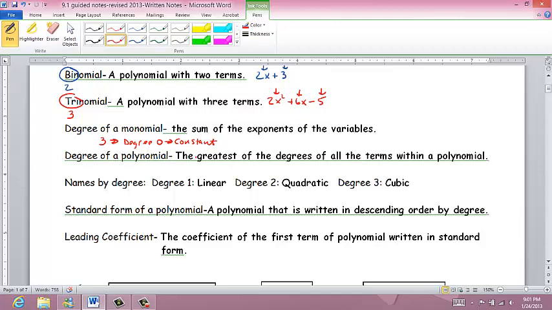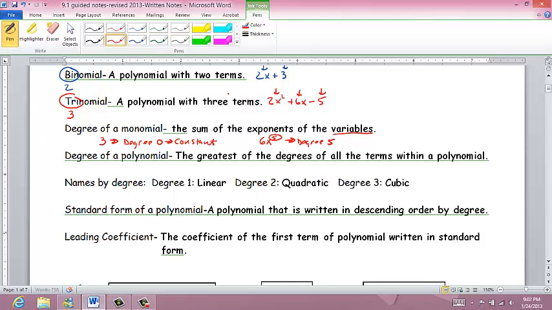Now, a lot of other terms will have variables. So how do we handle those in terms of naming them by degree or assigning a degree? Well, if I give you the example 6x to the fifth, we would say the degree on this term is 5 because the exponent on the variable is 5. So this would be degree 5.